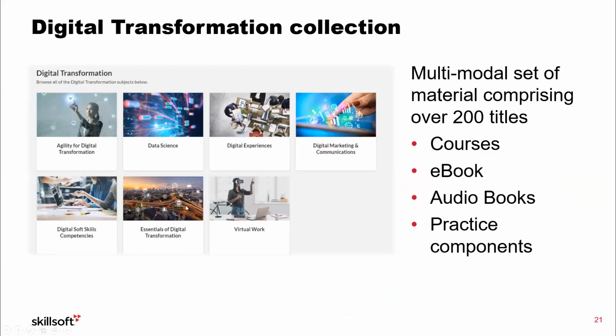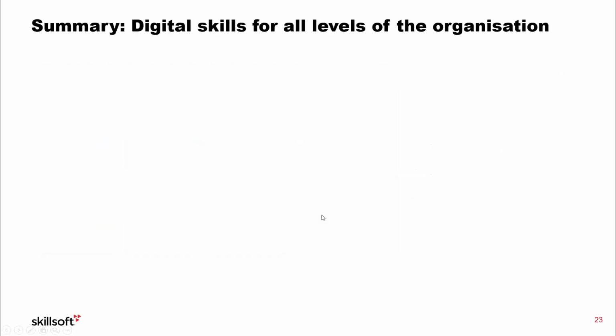But then we've got all of the digital soft skills. We've got digital marketing, digital experiences, what does the user interface look like, and a complete segment on agility for digital transformation. So we've got a very comprehensive suite of e-learning that will help you put together the training programs that you need to prepare your organization for the digital age.